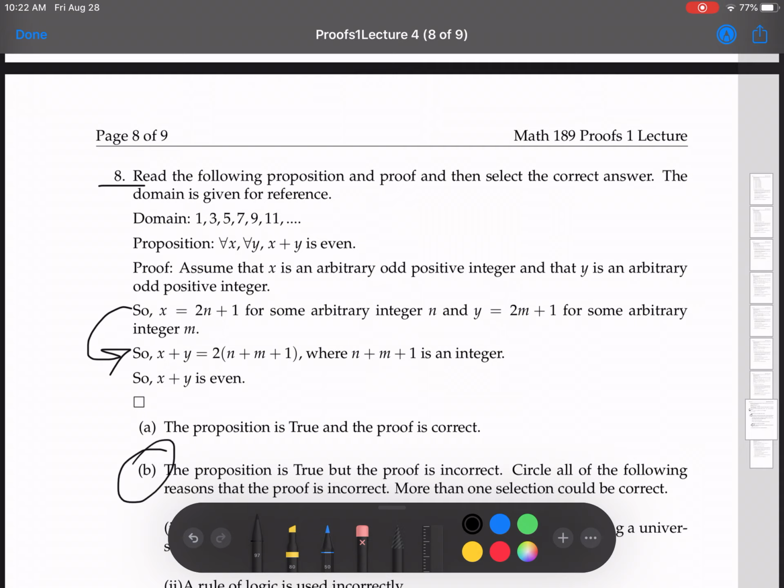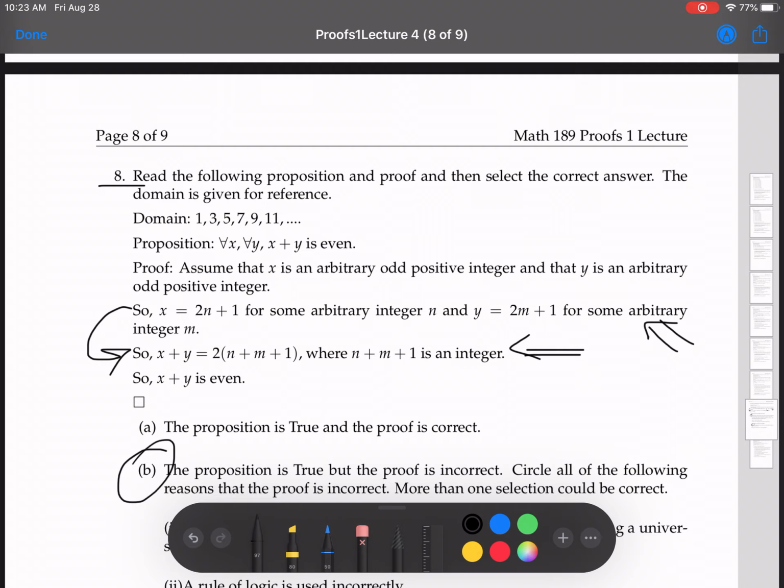So in this part here, I don't think that most students in this class going from line 2 to line 3 would find it a jump in logic. Line 3 does not follow from line 2. There's more that needs to be explained.